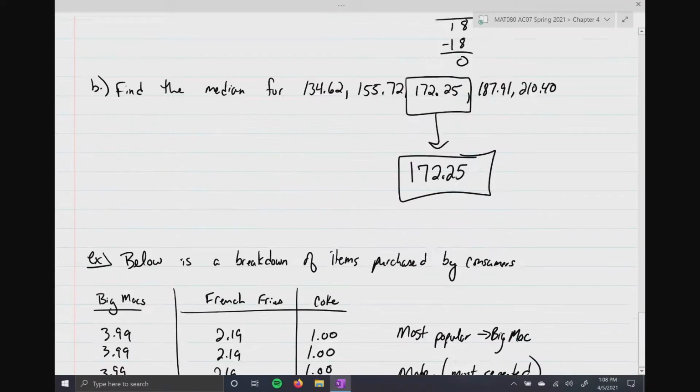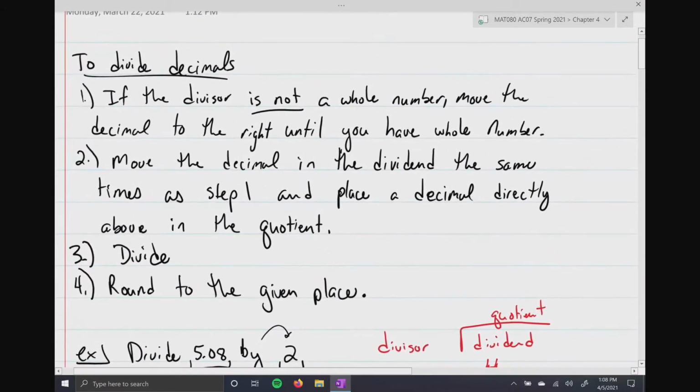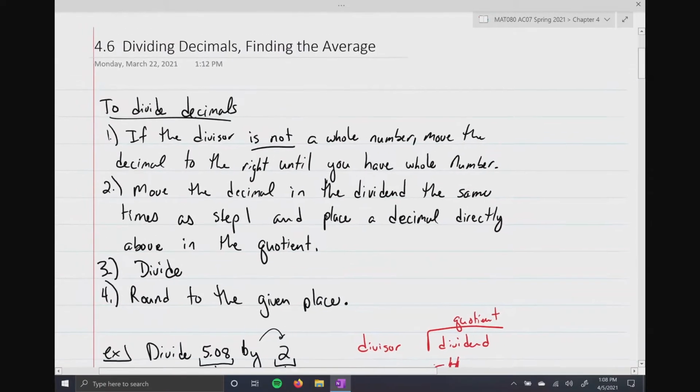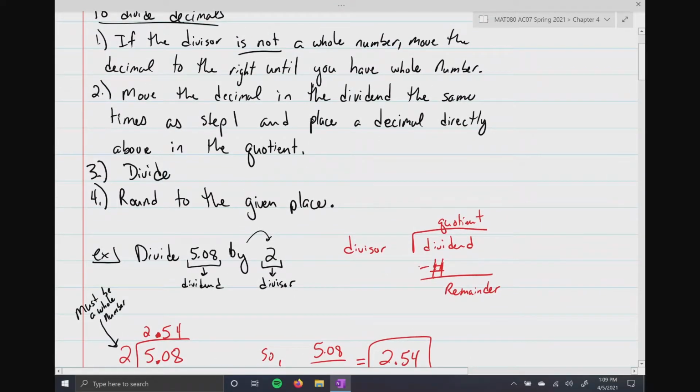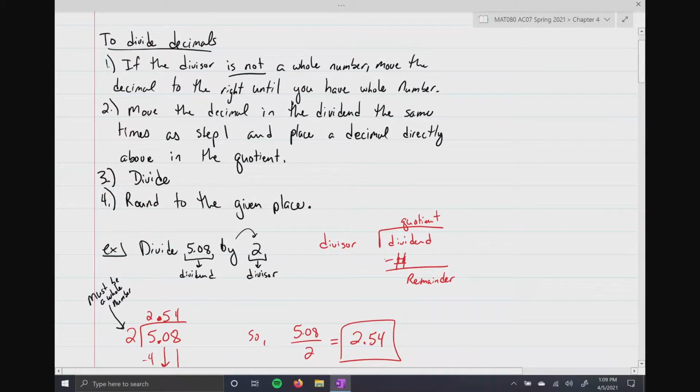4.6, this was, I think, a little bit of the tough one because it's dividing decimals. With dividing decimals, you worry about the decimal place first. Remember, you use long division, and your divisor, which is the outside number, must be a whole number.